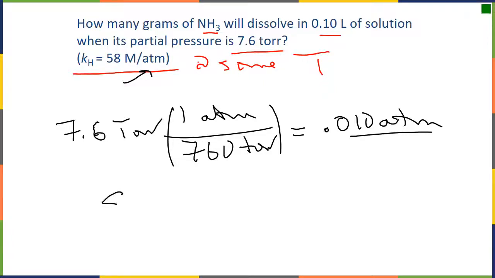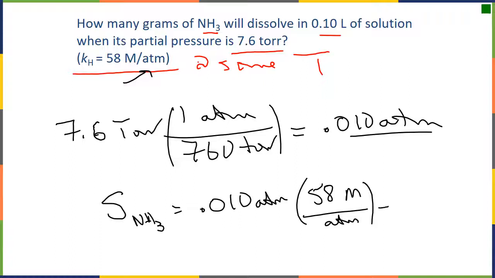Our solubility of our gas, our ammonia, is going to equal the pressure, 0.010 atmospheres, multiplied by the Henry's law constant, 58 molar per atm, giving us 0.58 moles of ammonia per liter. The question then is how much will dissolve in 0.1 liters?